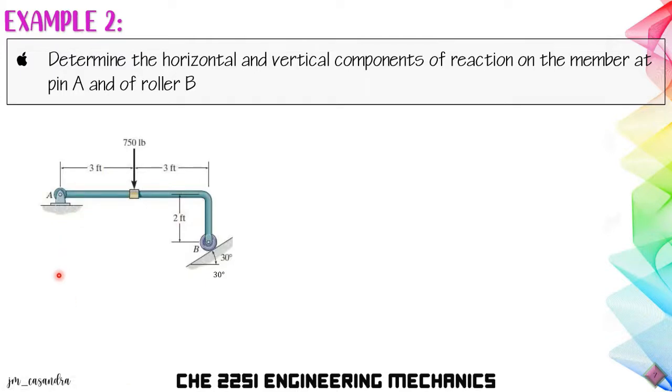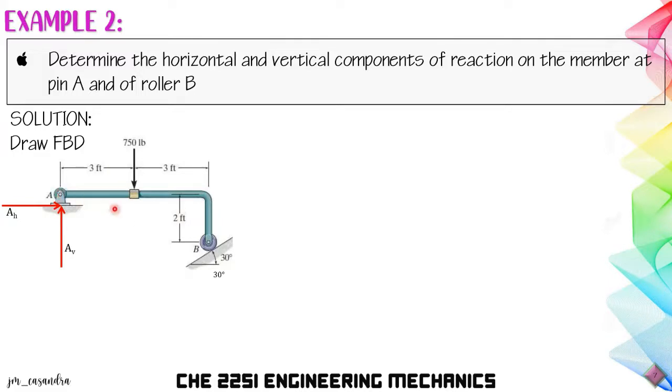So for this problem, we draw again your FBD first. For pin A, as we have said, for supports that is a pin, it will have two reactions. So for this one, we will have a horizontal reaction AH and a vertical reaction AV.